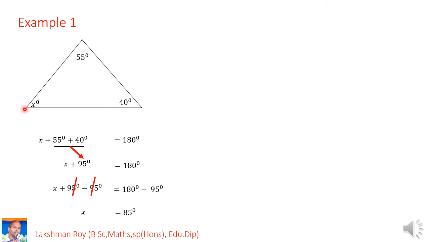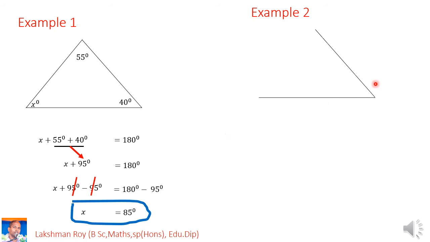Let's move to another example, student, right? So that is 85. Right, my example 2. So see, this is my triangle, right? Then I mark one interior angle as 2x, another interior angle 5x, another interior angle that is 40 degree, right? Here 2 into x degree, 5 into x degree.